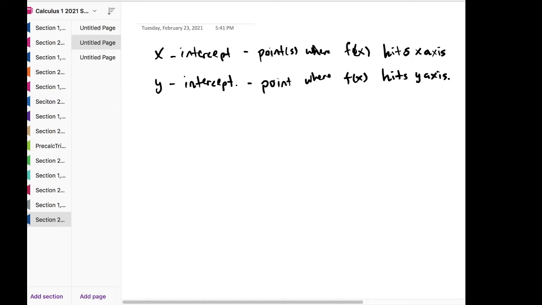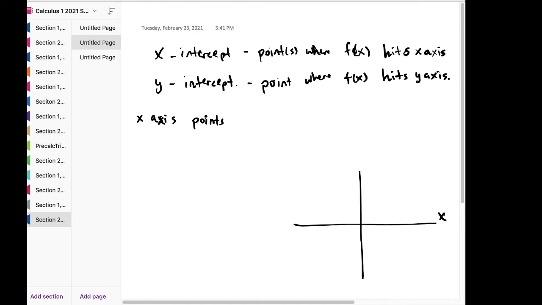Okay, so can you describe all points on the x-axis? All points on the x-axis have a similar property. What's the same about all the points on the x-axis? Like, what makes a point on the x-axis?